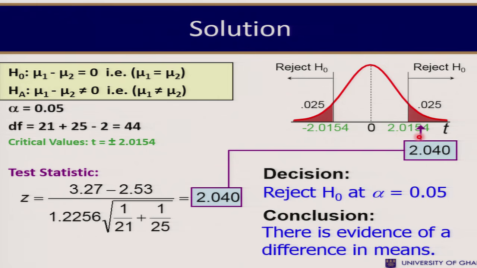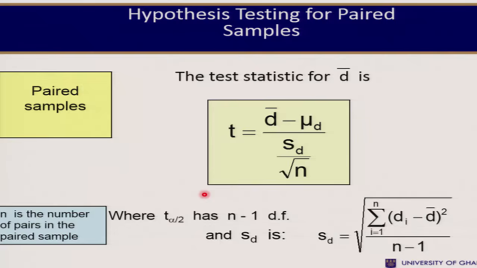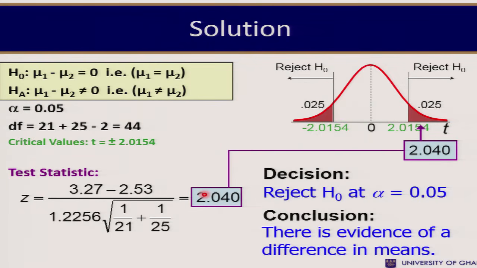And therefore, since our test statistic falls within the rejection region, we are going to reject our null hypothesis at the 5% level of significance and conclude that there is evidence of a difference in the means. So this is how we look at formulating and testing hypotheses for independent samples.